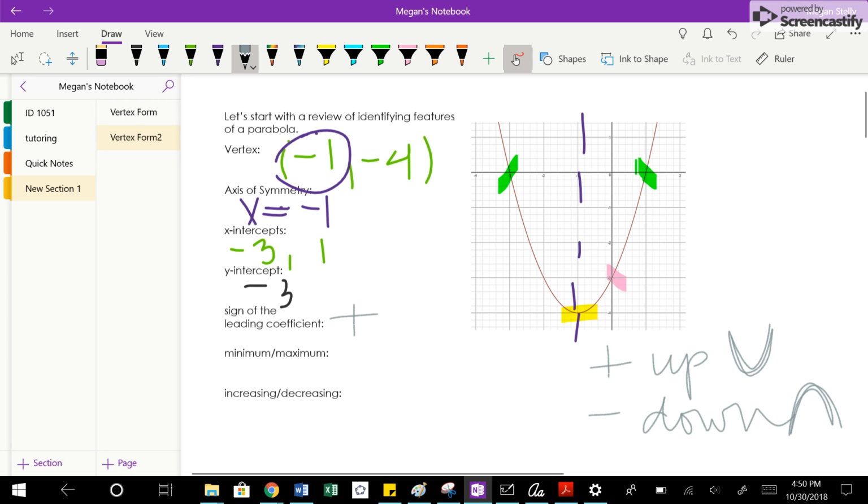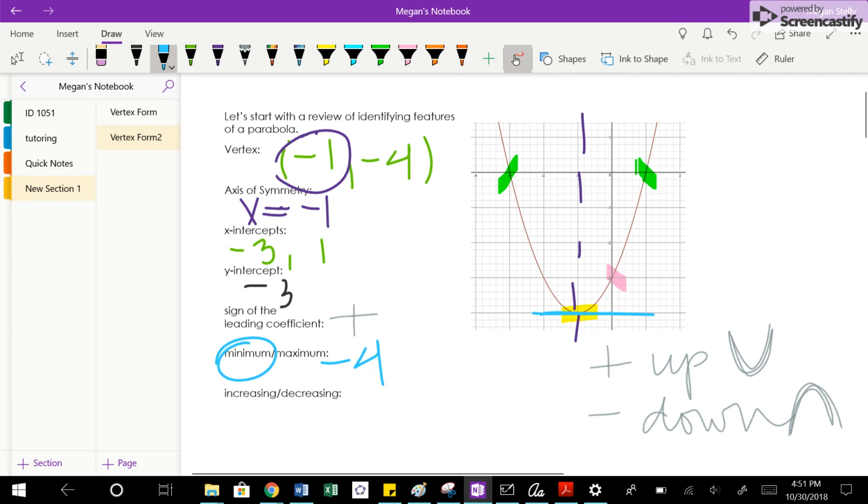And so our sign is going to be positive. Now, is it a minimum or a maximum? That is determined by our vertex. It is our lowest point on our graph, so it will be a minimum. And our minimum value is -4, the y value.